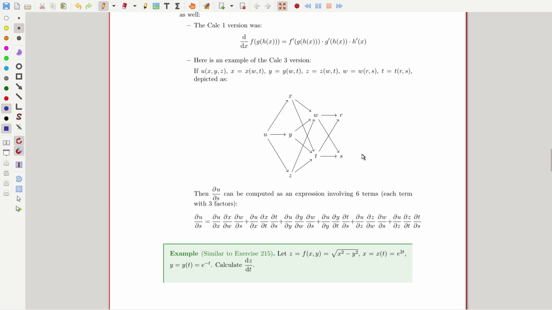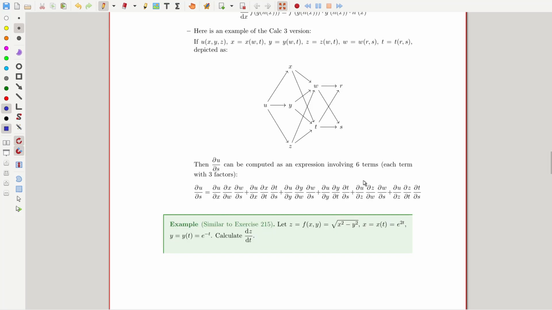So that ends up being 6 different paths, which ends up being 6 different terms. And the fact that there are 3 factors is because the paths are of length 3. So you've got one path from x to w to s, another from z to t to s, or maybe z to w to s. You can see that there's a total of 6 different paths, and that ends up being these 6 terms that I've typed up. Definitely not going to read that.